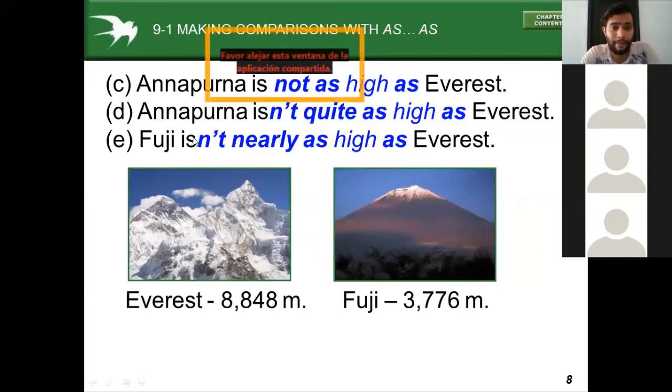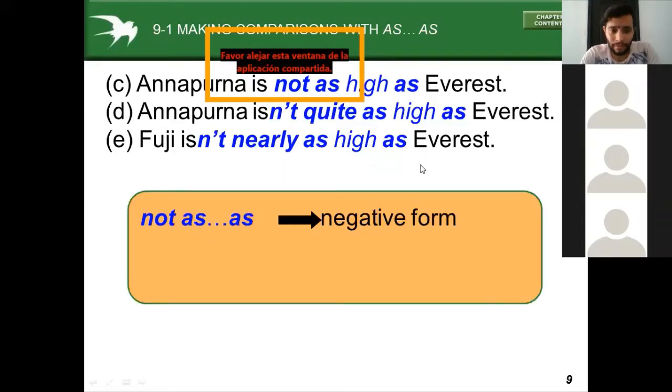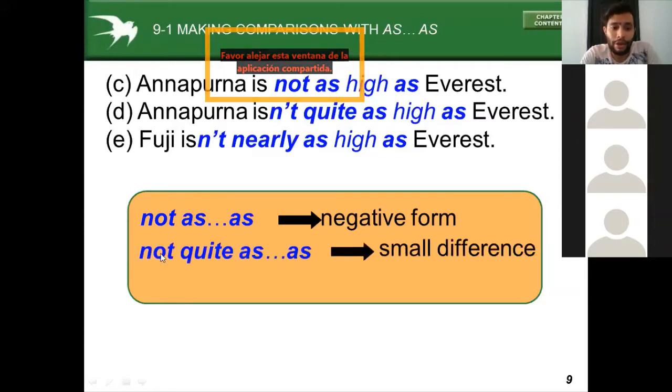So take a look here. Fuji isn't, we have another word, nearly as high as the Everest. So, in other words, we use not quite as in the negative form to speak about, yes, once again, a negative form, but to speak about a small difference between the comparisons, right?